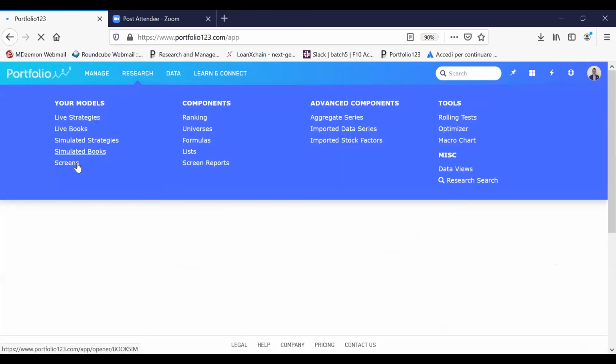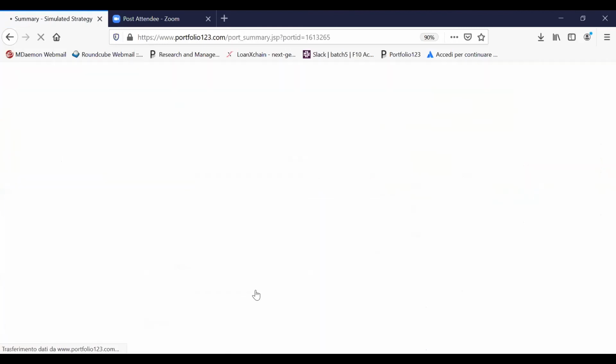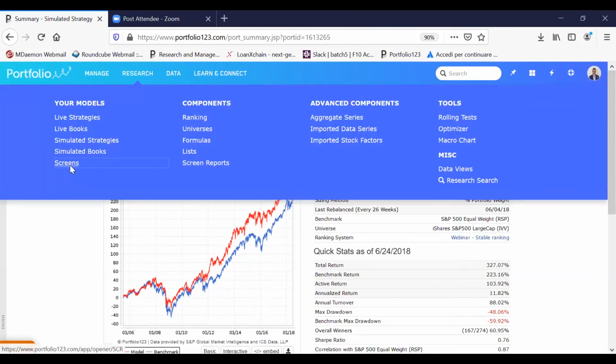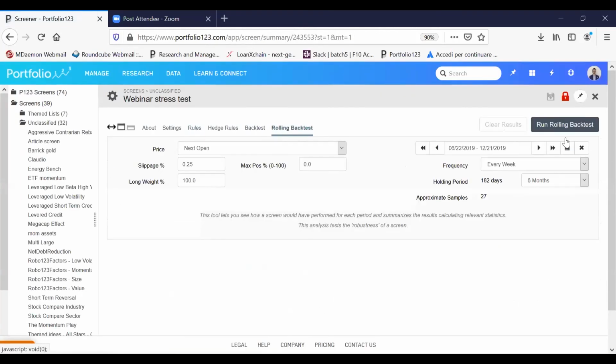So one last thing before the rapid Q&A. Something that I showed you briefly was the rolling backtest.